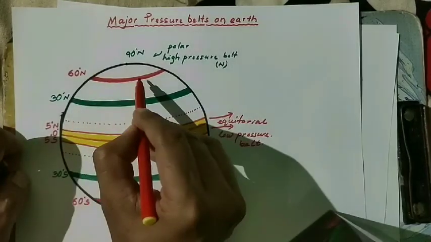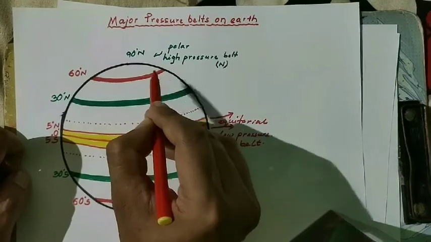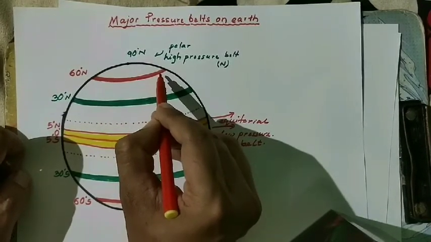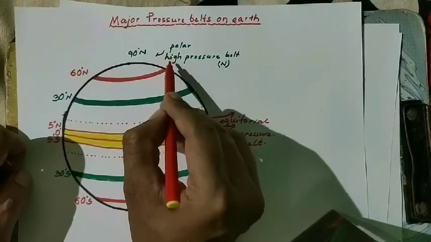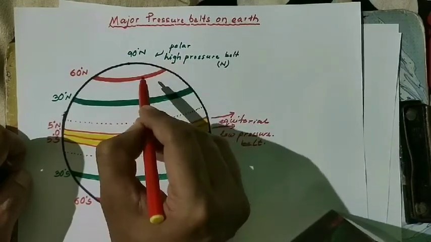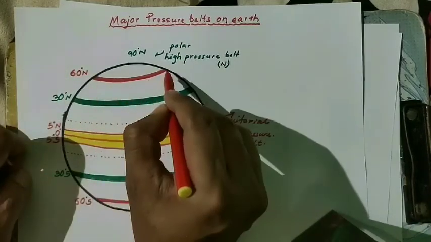Clear? As this area has comparatively high temperature, the air pressure here is comparatively lower than the polar region. If the polar region has higher pressure, then the pressure at the 60 degree area must be low, so here a low pressure belt forms.